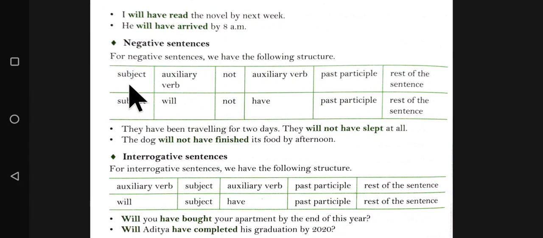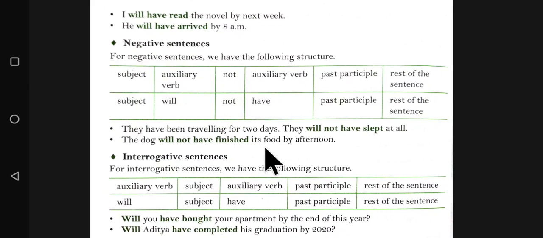So first comes the subject, then the auxiliary verb, then not, then again the auxiliary verb, then the past participle form of the verb, and then the rest of the sentence. Example: The dog, that is the subject, will is the first auxiliary verb, then we will put not, then have is the second auxiliary verb, then finished is the past participle form of the verb, and then again the rest of the sentence: its food by afternoon.